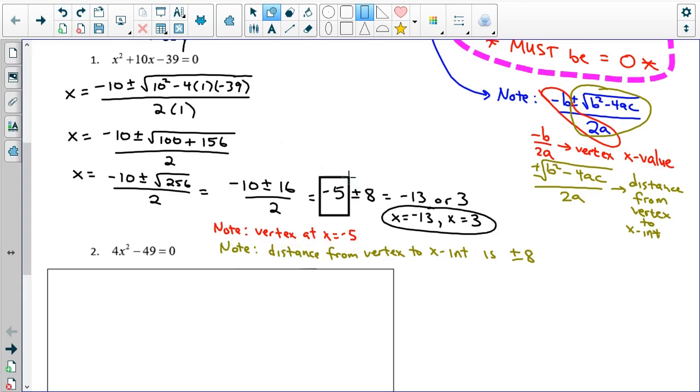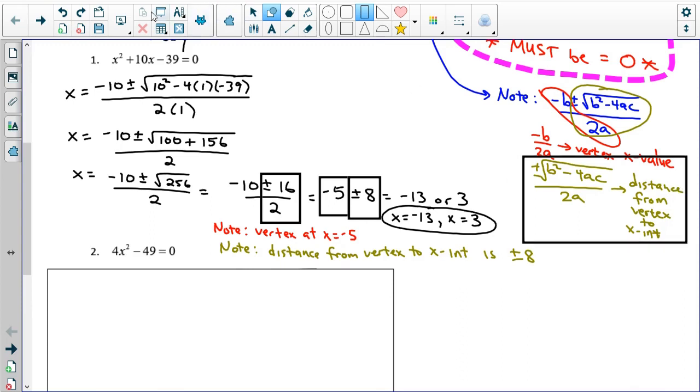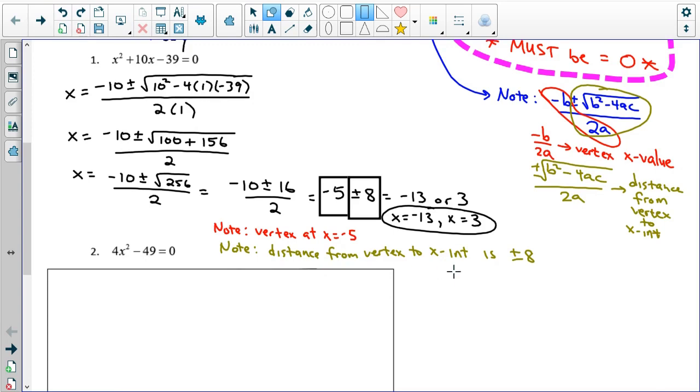If we take a look at this plus or minus 8 that we have here, that comes from plus or minus 16 over 2, which is this thing. So what that does is it tells us the horizontal distance from the vertex to the x-intercept is 8 in both the right and left directions.